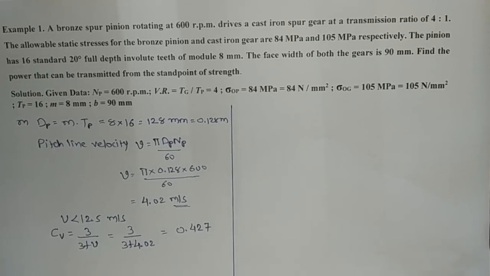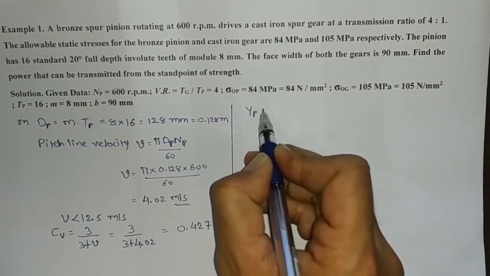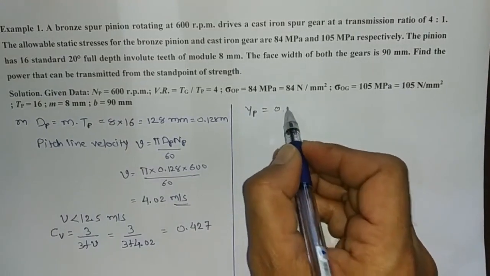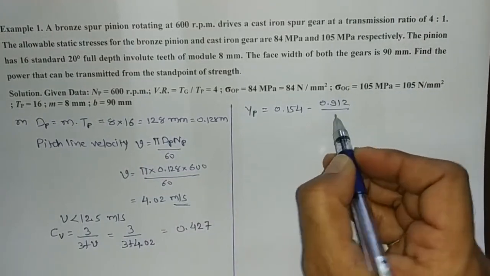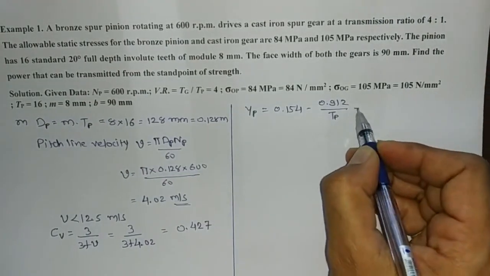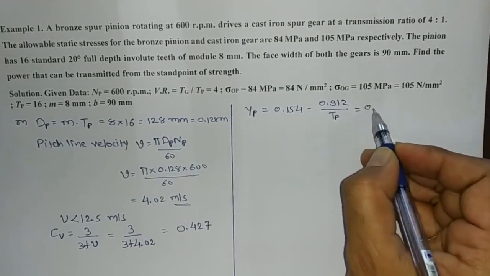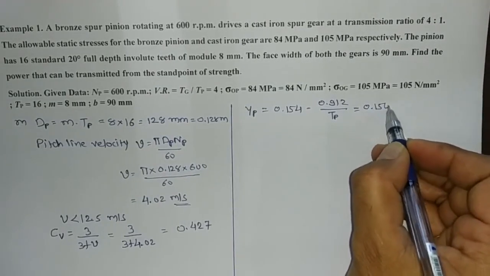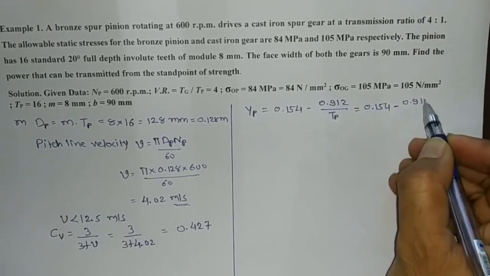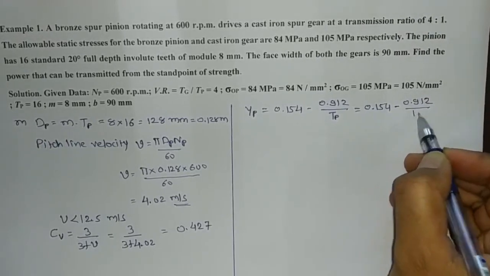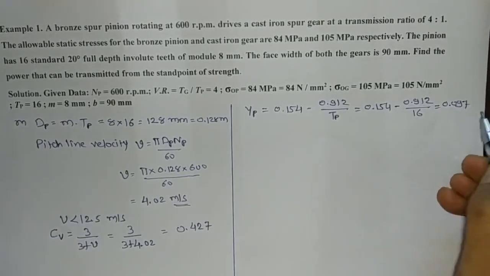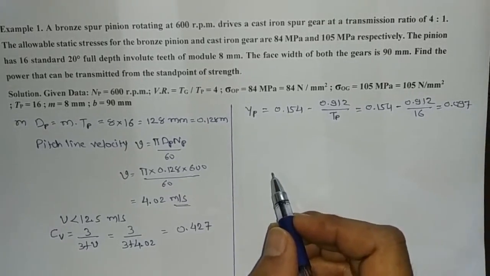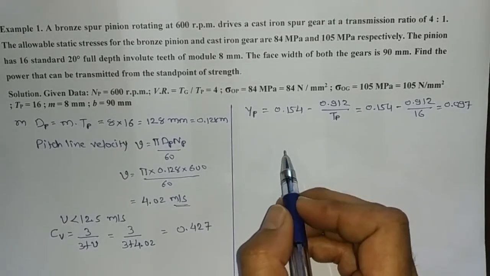For the 20 degree full depth involute system, the equation of Lewis form factor Yp is given by 0.154 minus 0.912 by Tp, where Tp is the number of teeth on pinion. Therefore it is equal to 0.154 minus 0.912 divided by 16, which is equal to 0.097. This is the value of Yp, the tooth form factor for the pinion.